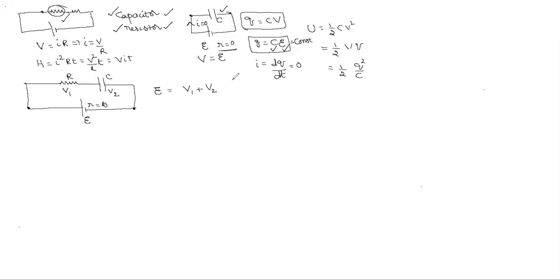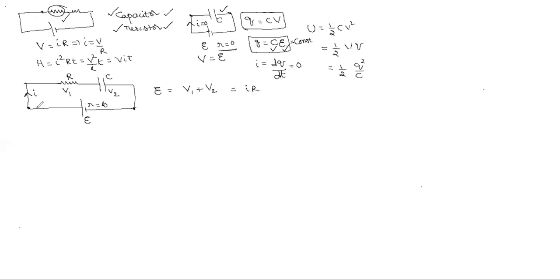If I ask what is V1 in the circuit, V1 across the resistor is I into R. But the capacitor does not allow current to flow. You will understand with some explanation.